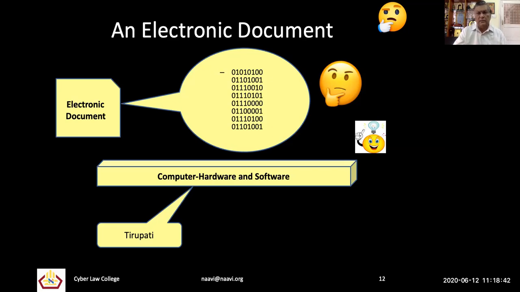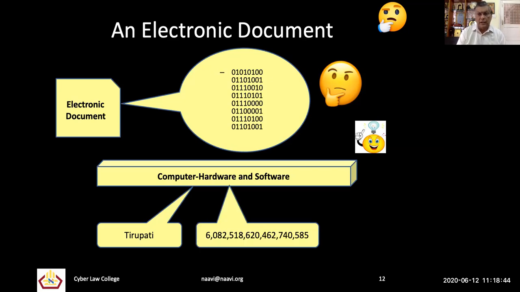In another instance, a computer can render it as a number, maybe some 6 zillion number or something like that. Then in yet another rendition, it may give you some unintelligible pictures, letters, whatever you want to call them.